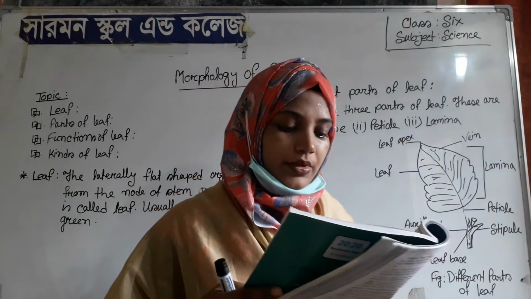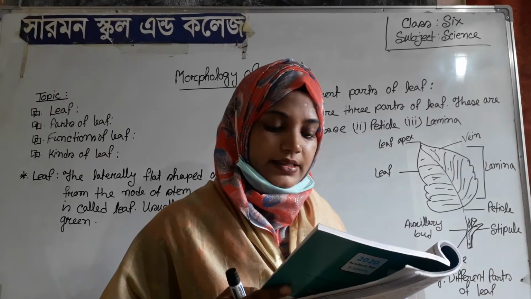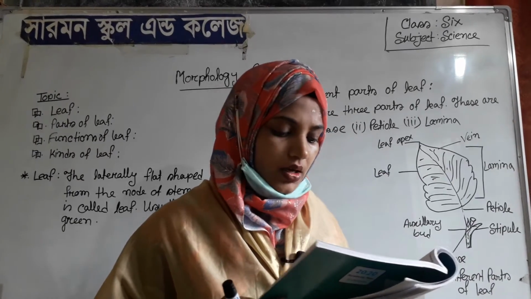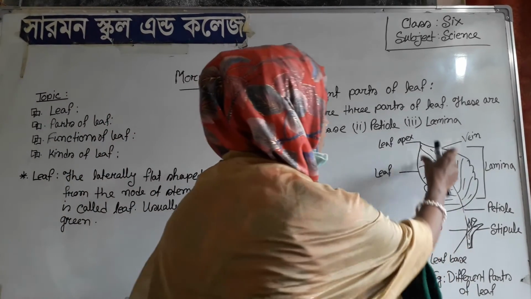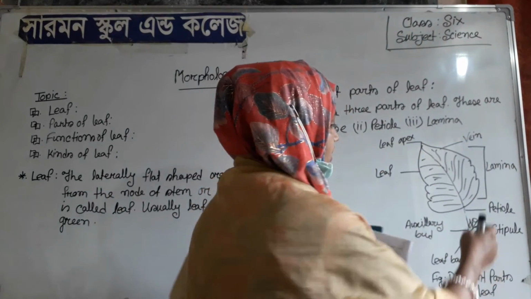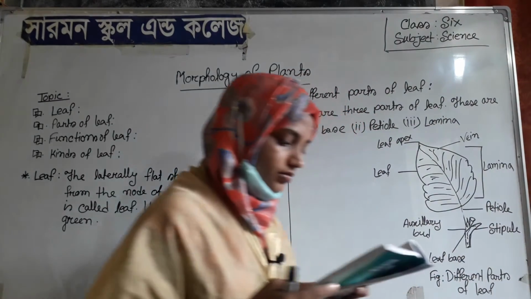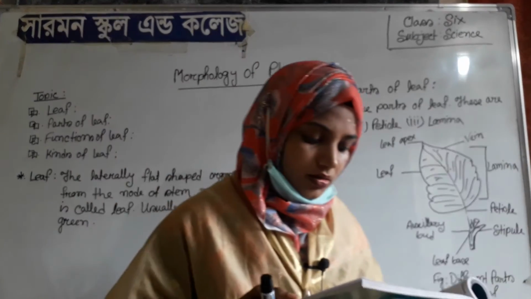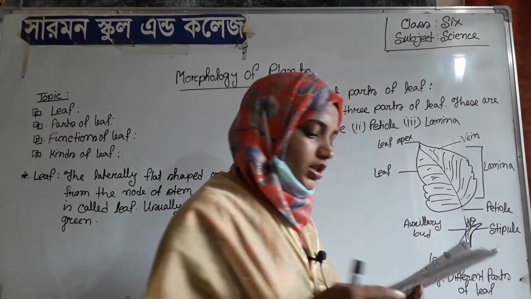Now lamina. What is lamina? The flat and extended green part next to the petiole is lamina. It is situated after the petiole.